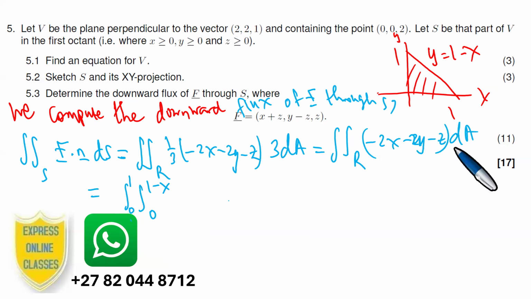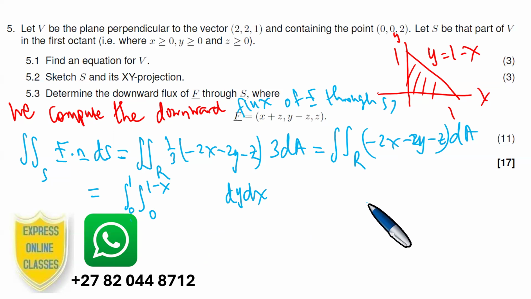This dA becomes dy dx. X is between 0 and 1, but y is between 0 and 1 minus x. And then we have the minus 2x, the minus 2y, the minus z.